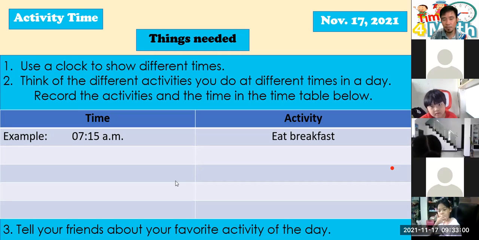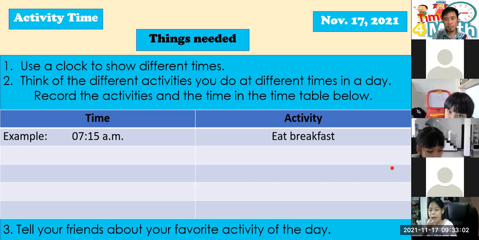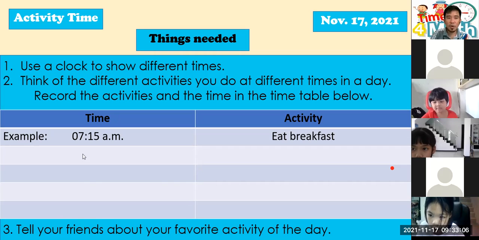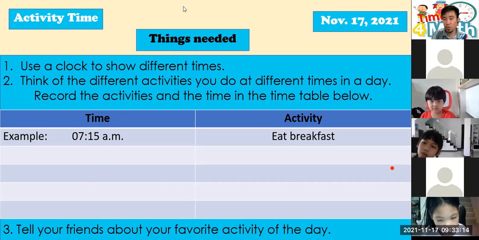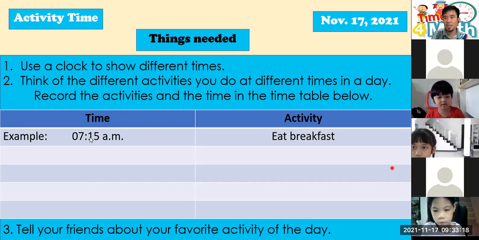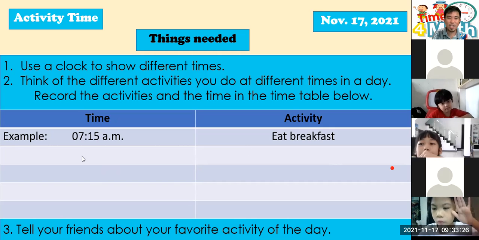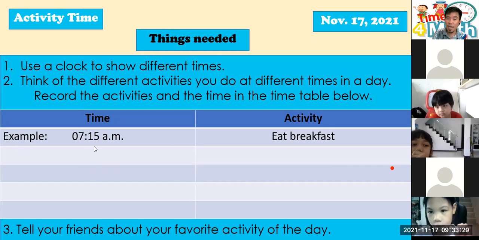Yes, Pokpong. หน้าอะไร Pokpong. You will write here the different activities that you do in a day, okay? For example, 7:15, what is Pokpong doing? Pokpong is eating a breakfast. Here, 8:20, it's up to you.